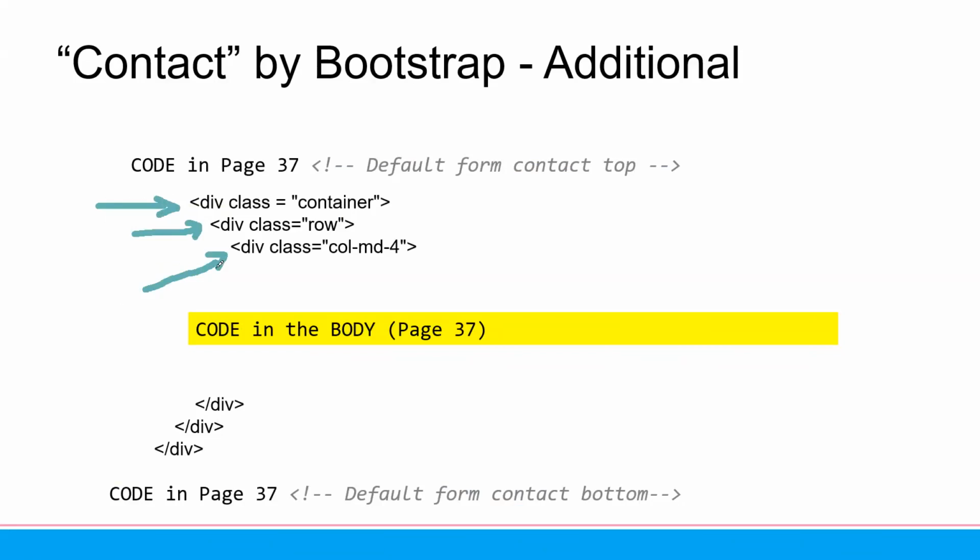So the idea is similar to a table. When you create a table, you will define the row, and then you will define the column or the data cell, which is TD. So whenever you want to make a kind of split in the user interface of the web, you can have the same idea like this one.